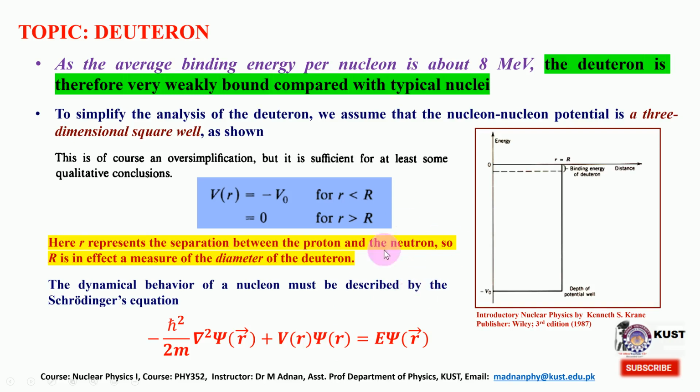That is, if we have an almost spherical deuteron nucleus, in which the two nucleons, proton and neutron, are interacting through that potential which depends only upon R, then whether theta and phi change, once the separation is fixed, the potential will be the same V naught, irrespective of theta and phi.